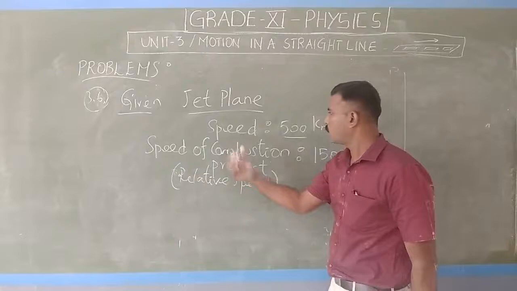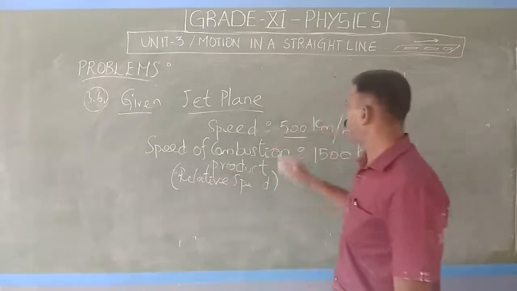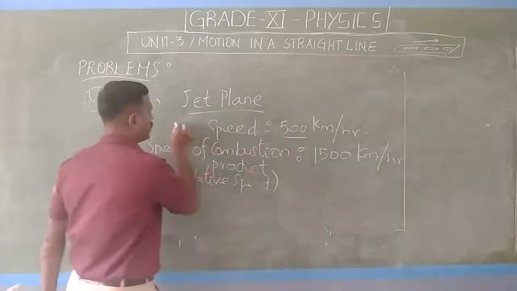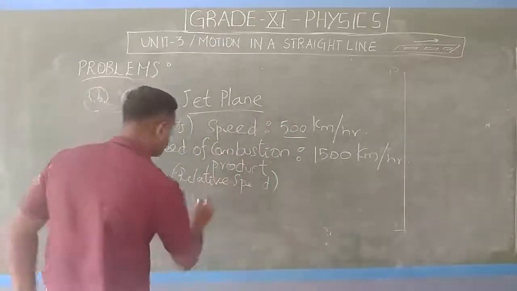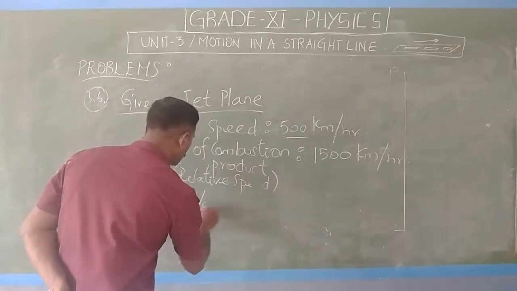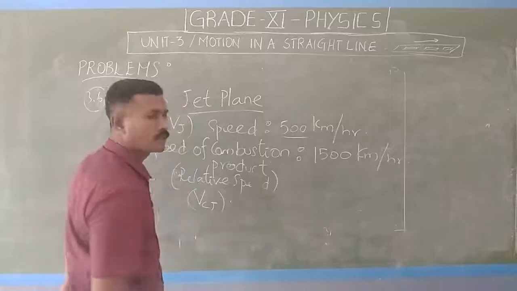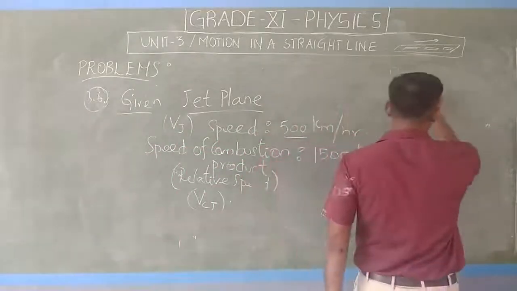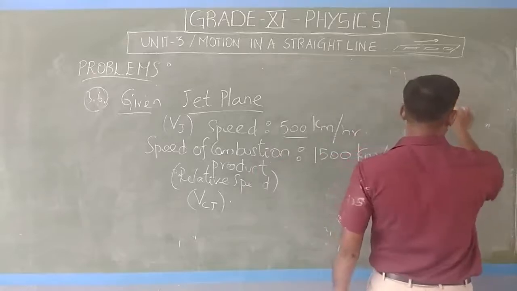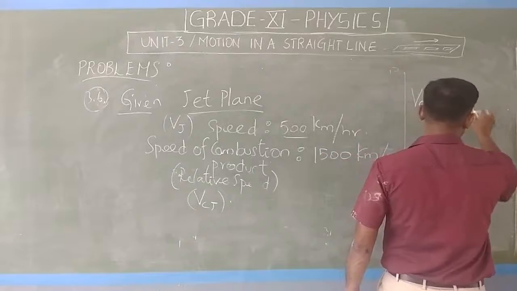So now, let Vp be the speed of the jet plane, and Vcp the velocity of the combustion with respect to the plane, and we have to find Vc, which is Vcp minus Vp.